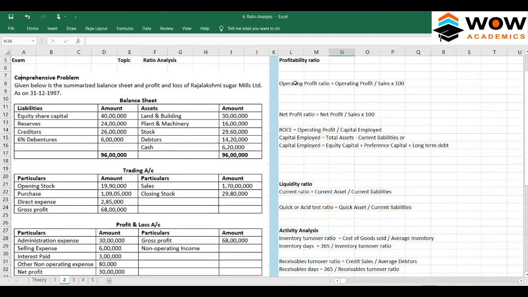Okay, so we'll start from operating profit ratio. Let's see whether the company has operating profit ratio. The answer is no. The company does not have it, so we only have to compute it. So we'll start.